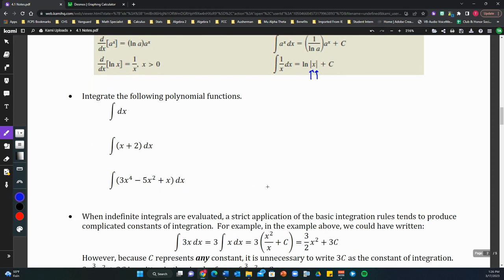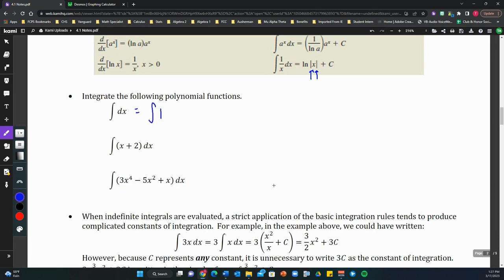So again, I'm going to go through these. Keep in mind, you can look back up to the top of the page as we go through them. The first one is here on purpose. It's the easiest in the entire notes packet, but it's also the one that students forget most often and struggle with. There is no function written in here, and that's because it really is a constant function, and the only constant I can multiply by and not have to brag about is 1.